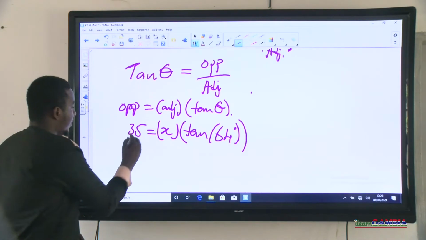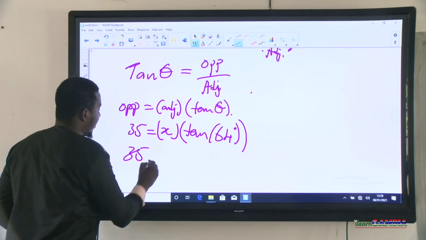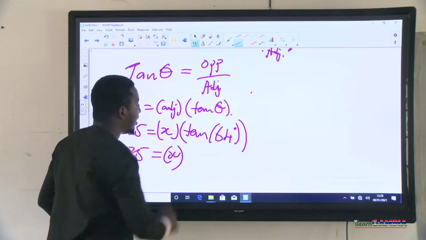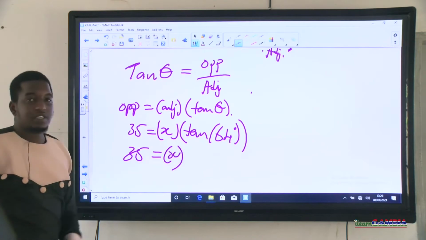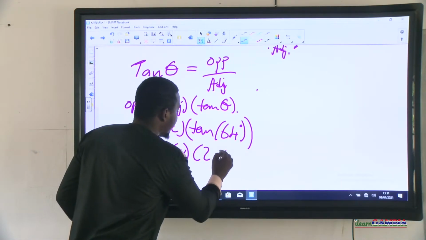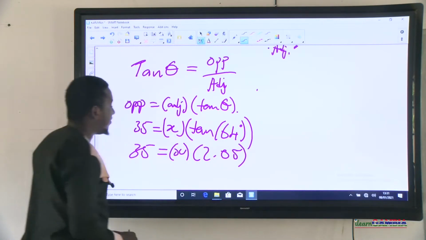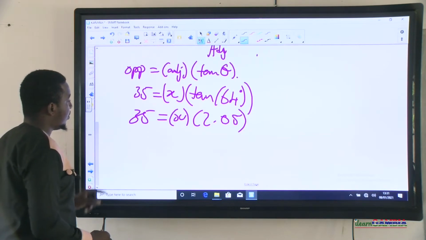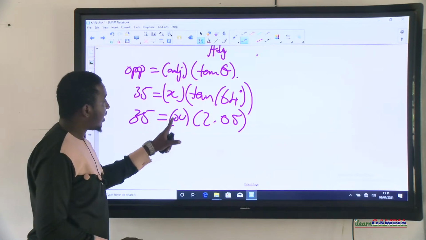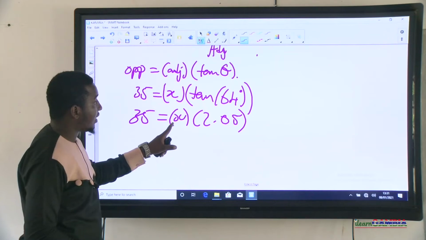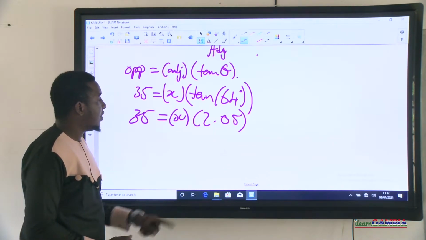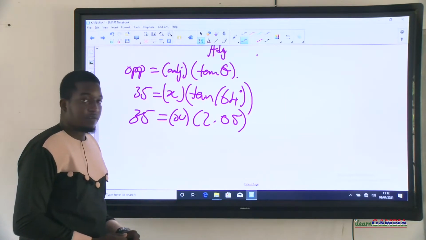From there, we have 35 is equal to x. Now, what is going to give us tan of 64? That is going to give us 2.05. So what we have there is 35, which is the opposite, is equal to x, which is the side that we are trying to find, which is the adjacent, and tan of 64 is going to give us 2.05.